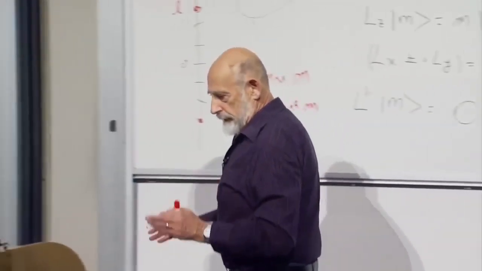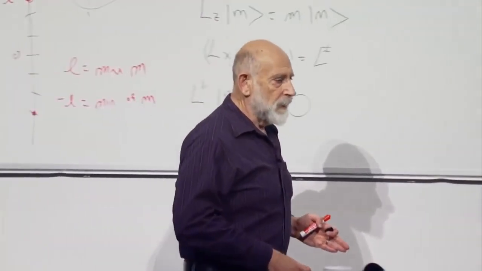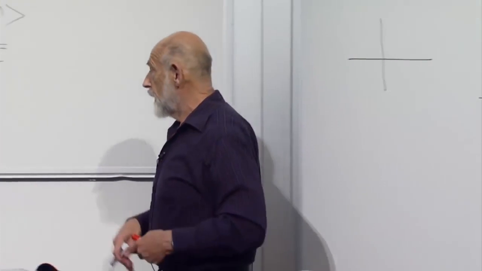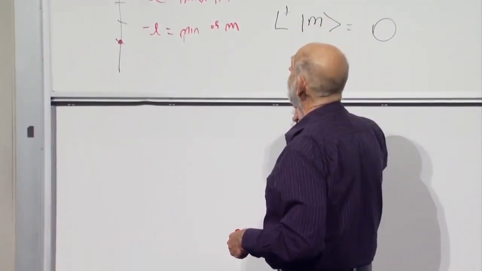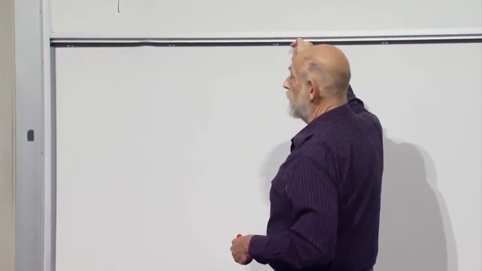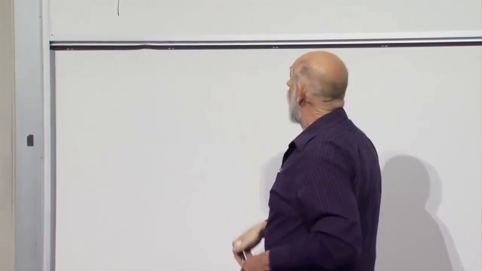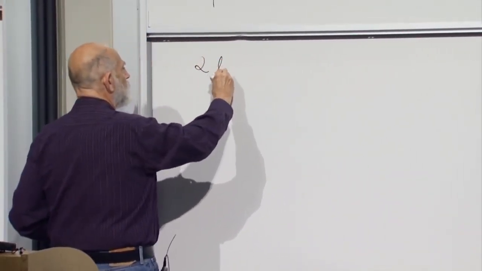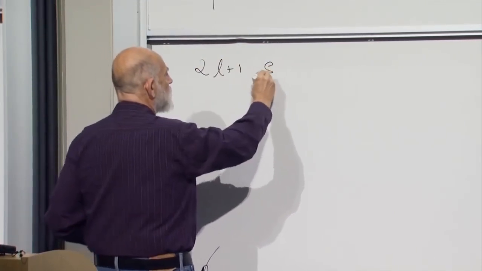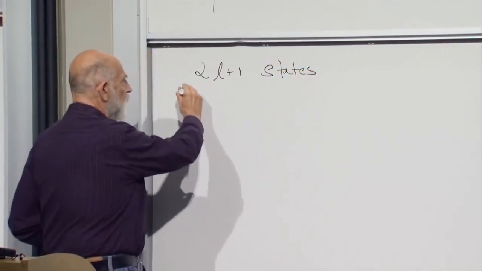So a multiplet, a collection of states of this type, is characterized with a given value of, well, we'll see what, and has typically 2L plus 1 states. That's the first thing we find.